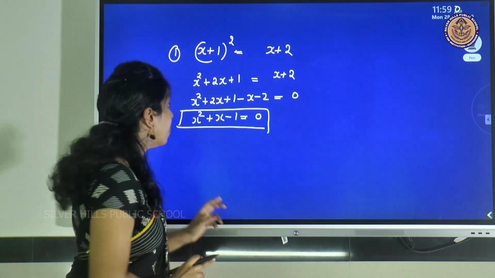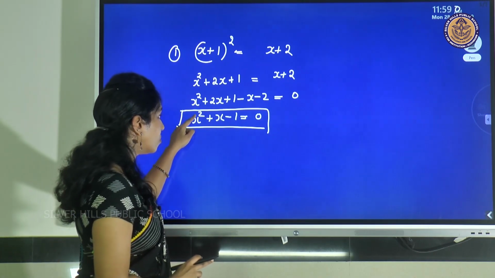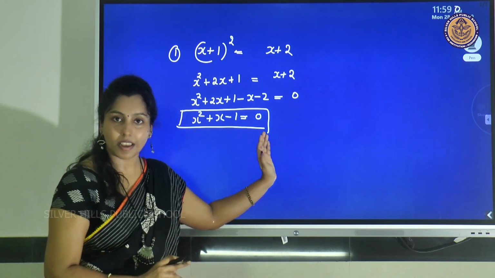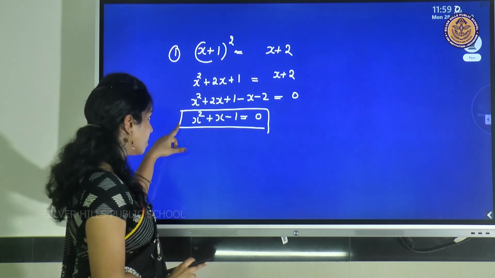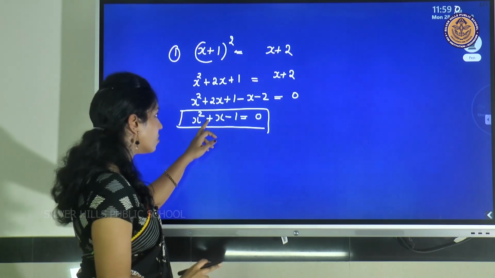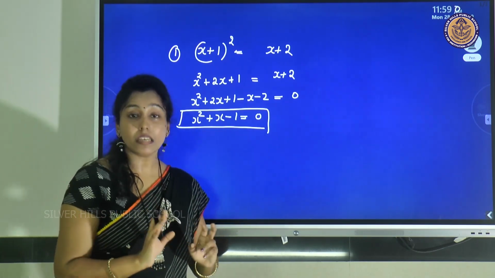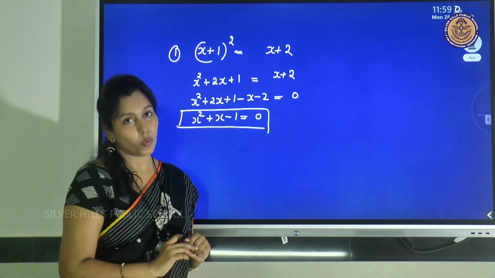So we can conclude this is a quadratic equation because the degree is 2 and it is in the standard form. So here what is the value of a? It is 1. What is the value of b? Meaning the coefficient of x, it is 1. And what is c? c is the constant term present here and it is minus 1.